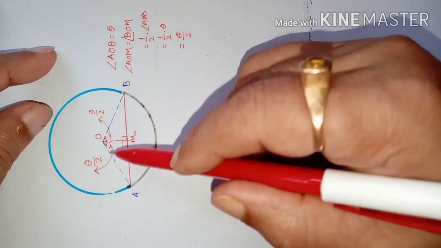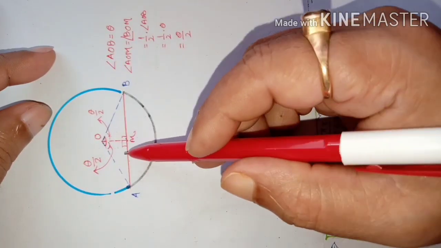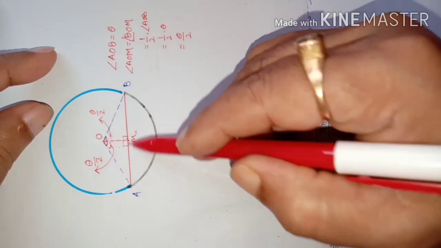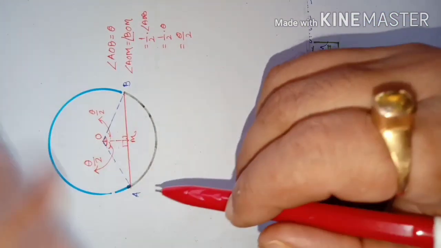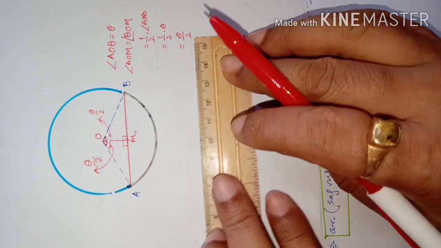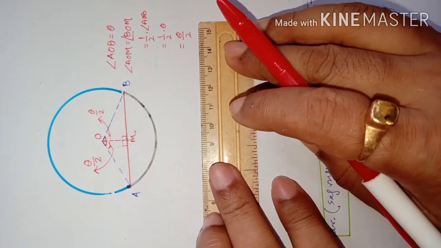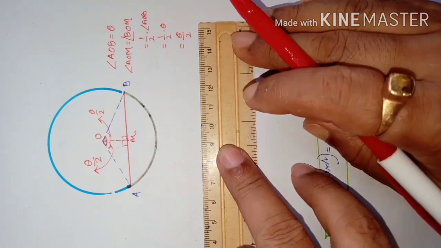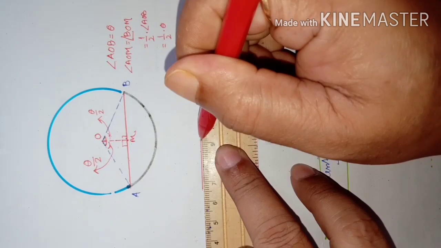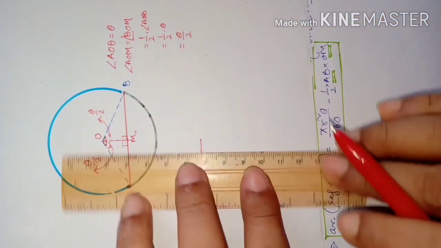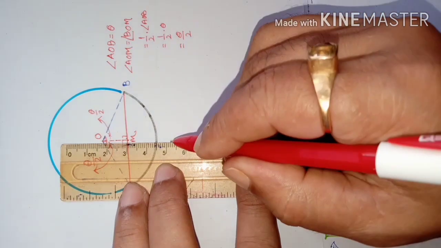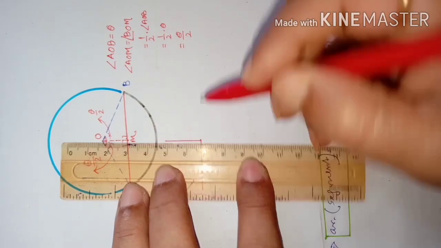For length of AB, I can try this way. Concentrate on triangle OMA. For your convenience, I am drawing that triangle OMA once again here, so that you can give attention to that diagram. This is AM. This is OM.